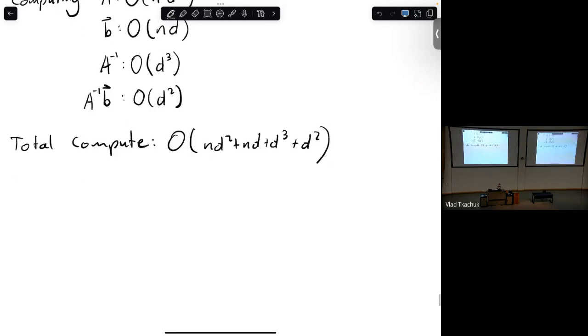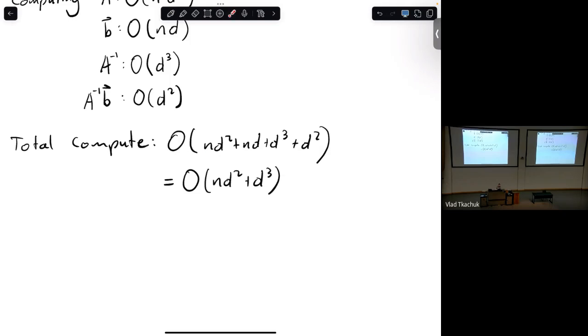And this can be simplified because this term dominates this. There's just a constant here. And this term is also dominated by this because the d only has an exponent of 1. And so this becomes nd squared plus d cubed.